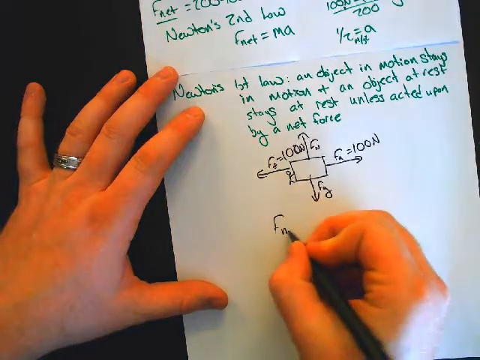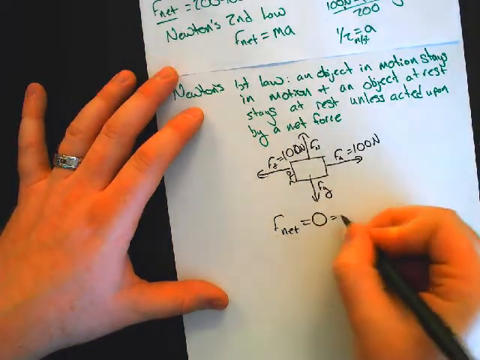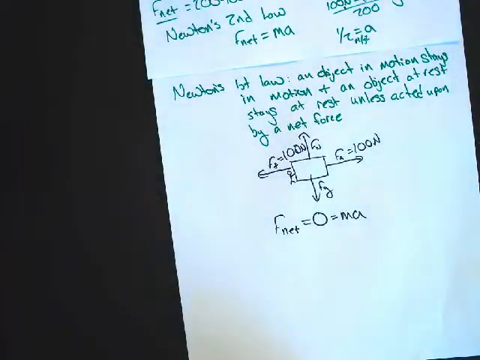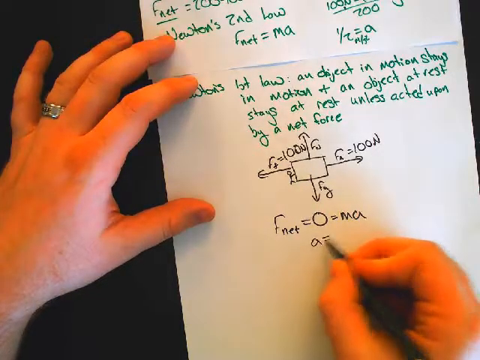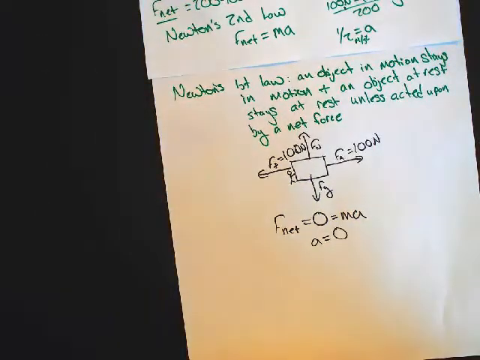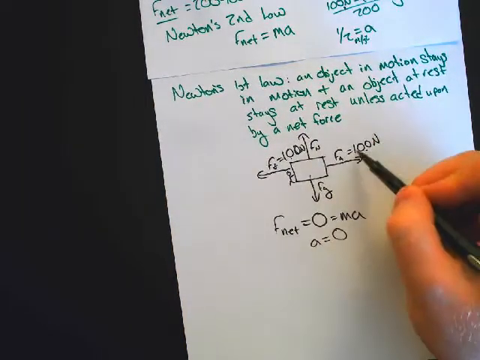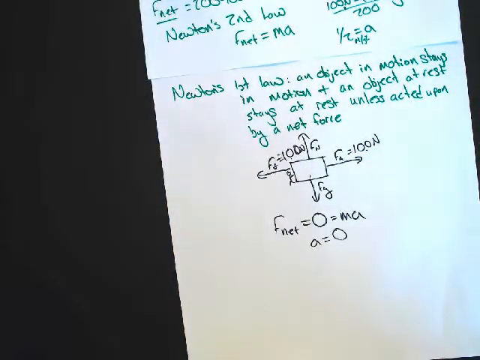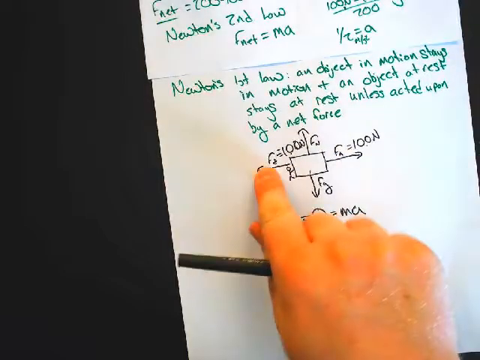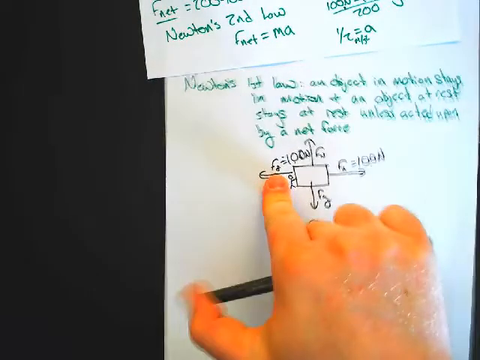So F net equals 0, which is equal to ma. What's the acceleration of this object? 0. Because we have 100 here and we have 100 back, and 100 minus 100 is 0. FF, force of friction.